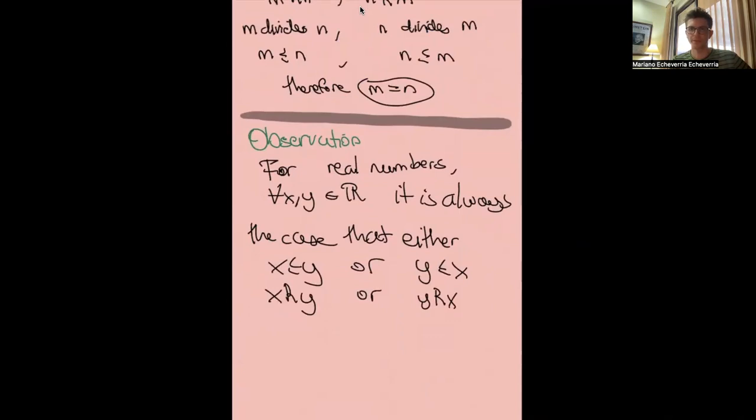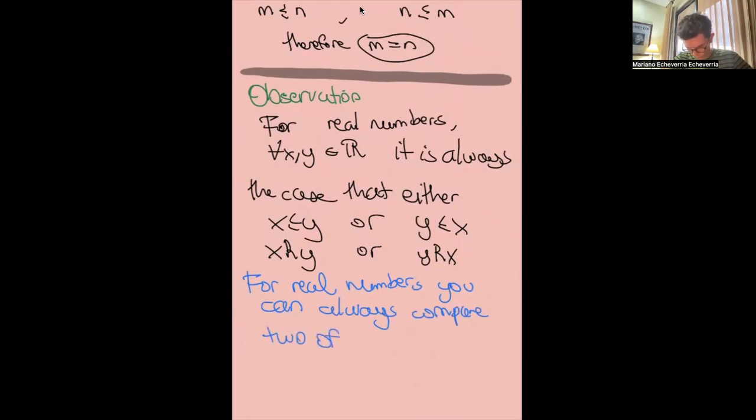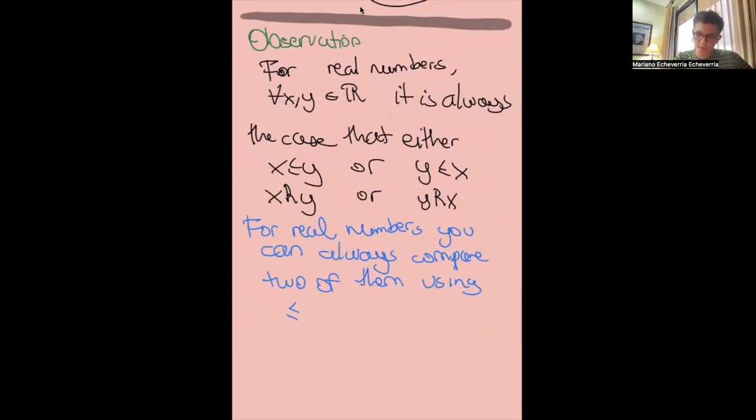So in the case of real numbers, you can always compare two real numbers using this less or equal relation, right? But what about the relation that we just introduced with the integers?